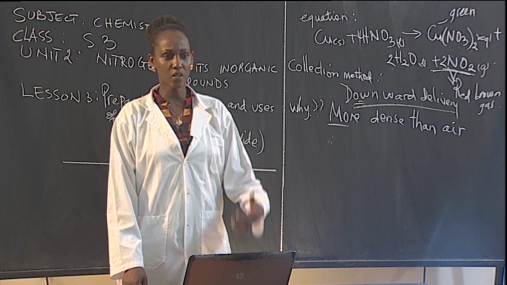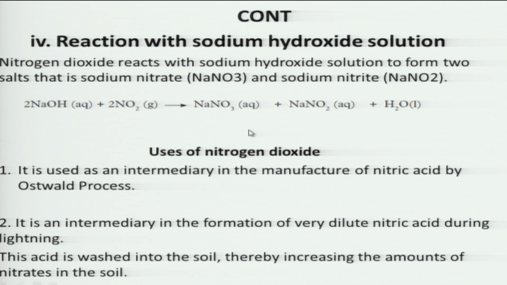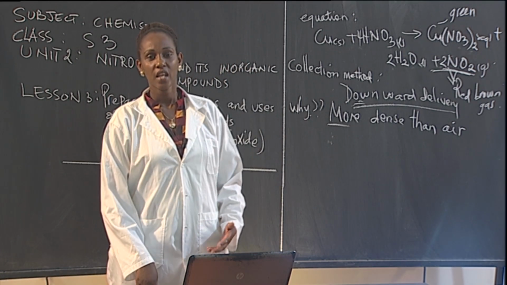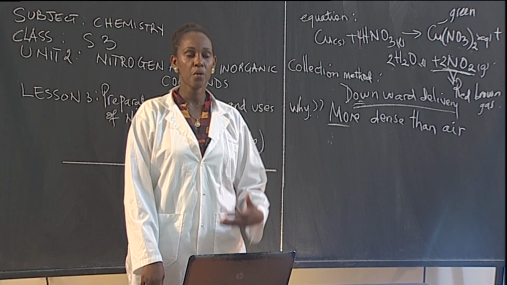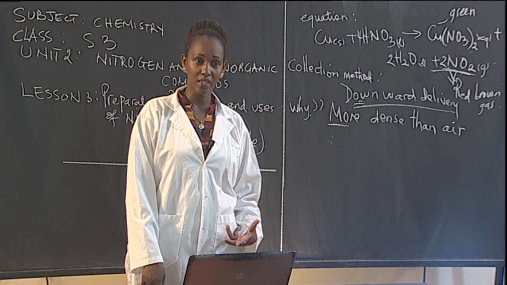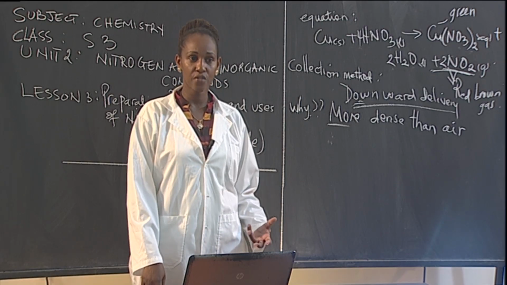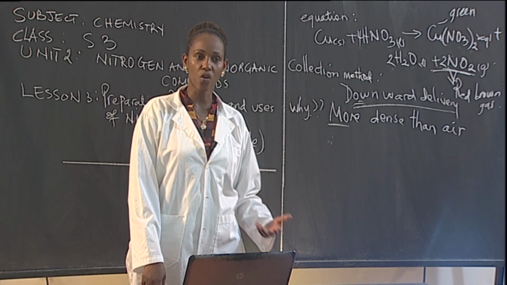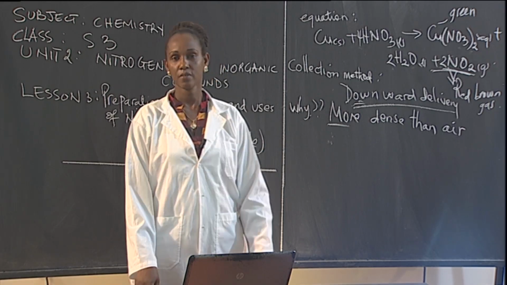Good. So we can continue on the uses of nitrogen dioxide. Where do we need to use nitrogen dioxide in everyday life? Why do we need to prepare nitrogen dioxide? Because if it was not of importance, we wouldn't bother to prepare it. So what is its importance?